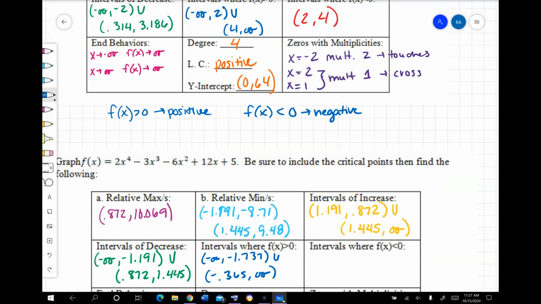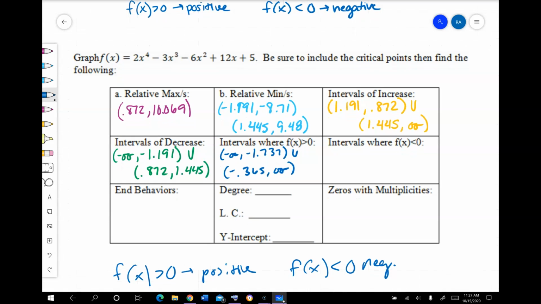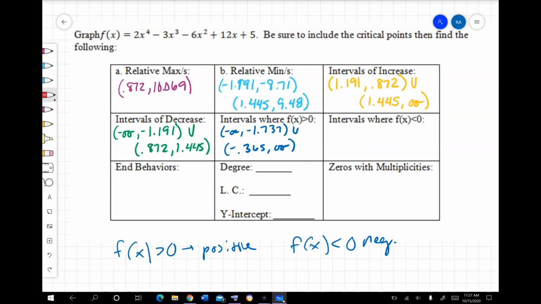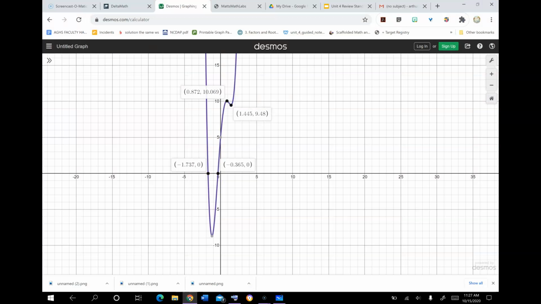Okay, now where is the graph negative at? We're going to go back to the graph, and it's negative right here. That's it, this little hoop right here. Okay, follow my cursor. All right, so I'm negative from that decimal right there, the negative 1.737, let's unclick some stuff, to the negative 0.365.